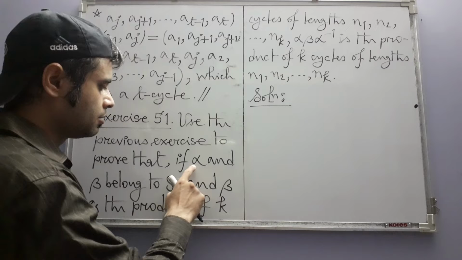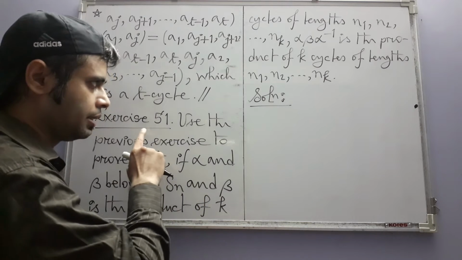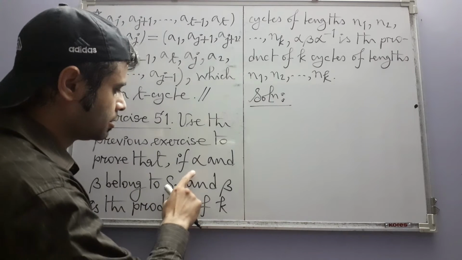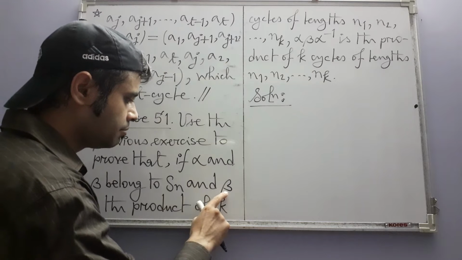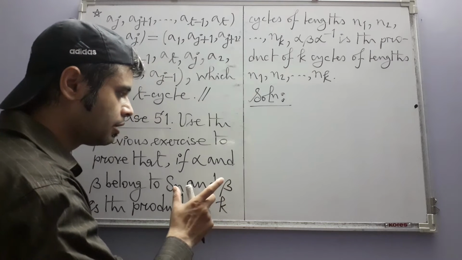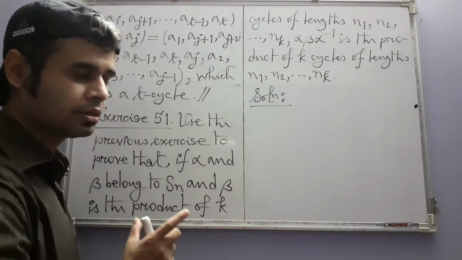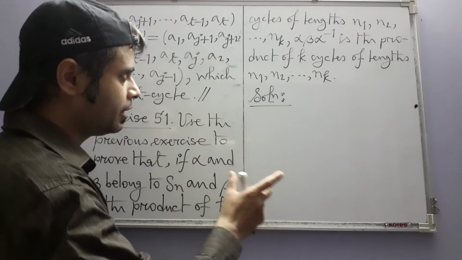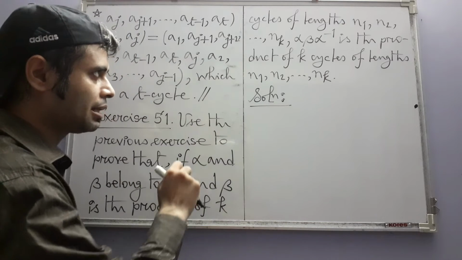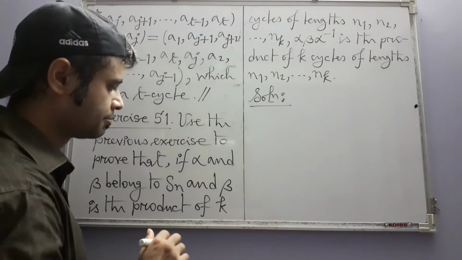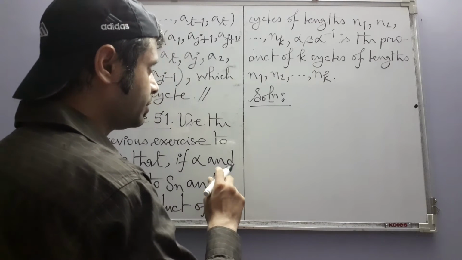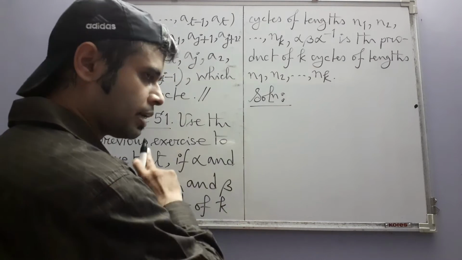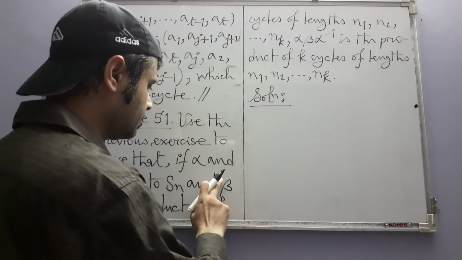Differences means it's not exactly like what we had in the previous exercise. In this case, beta is not necessarily just one cycle, but it's a product of k number of cycles, each one having its own length. If k is 1, then of course beta is like the one before.